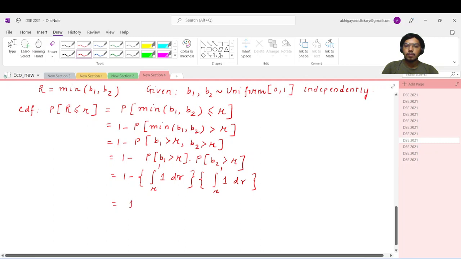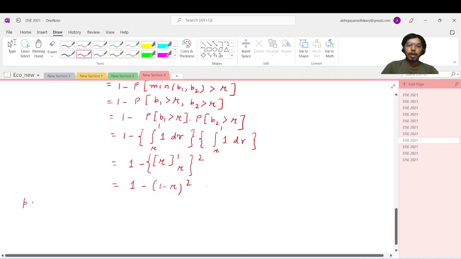So this is 1 minus the square of (1 minus r), because both of them are same. So that is 1 minus (1 minus r) whole square. So this is the CDF.